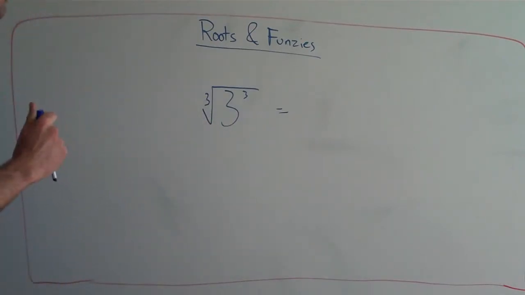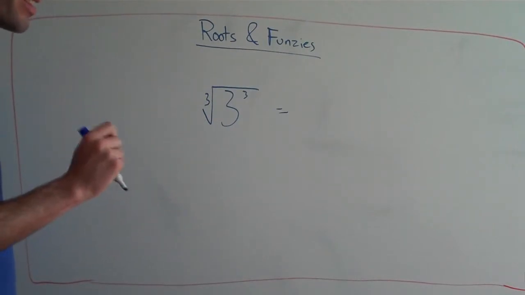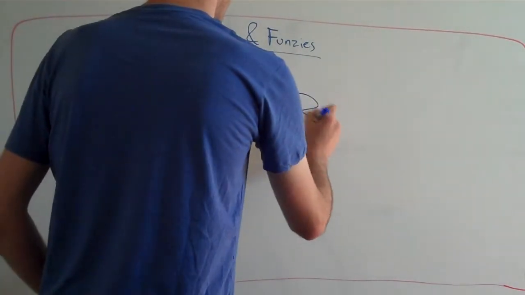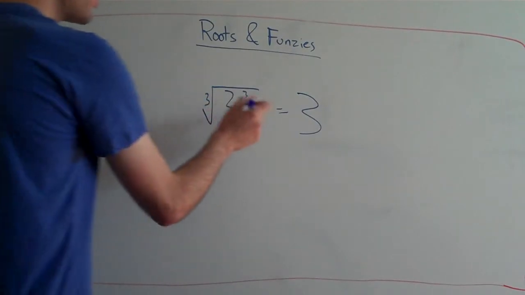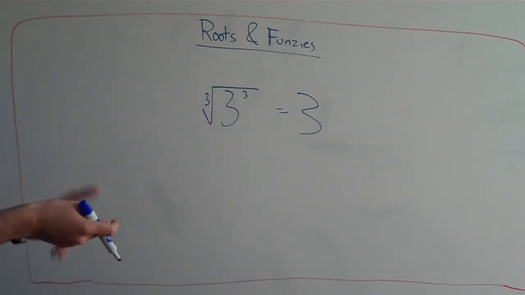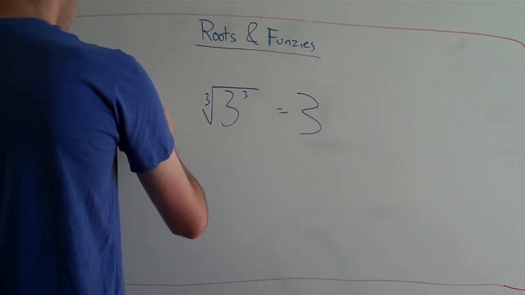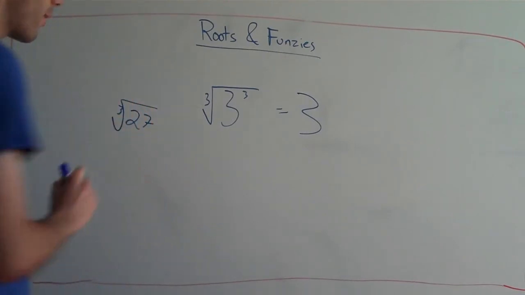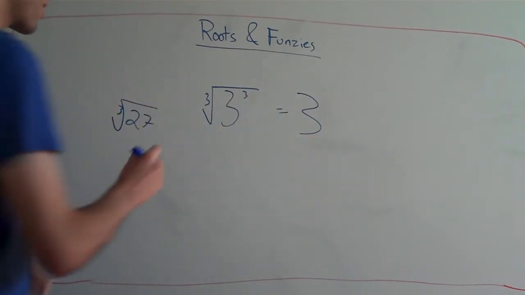Very good. That would end up being 3. Why would it end up being 3? Because 3 cubed is 3 times 3, which is 9, times another 3, which is 27. And the cube root of 27 equals 3. Yes.